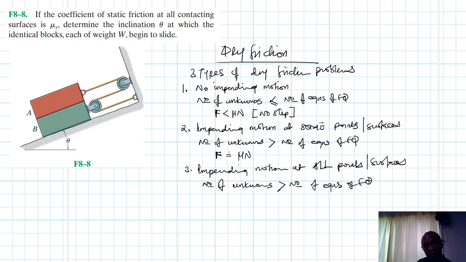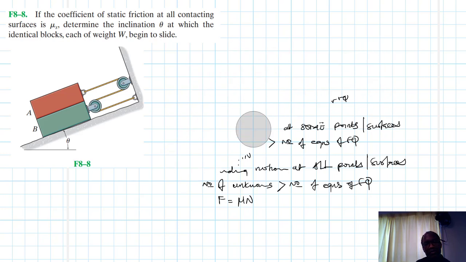And in this case, of course, we'll be forced to also use the friction equation, F equal to mu N. Right, basically this is about it. So let's dive into this particular problem.